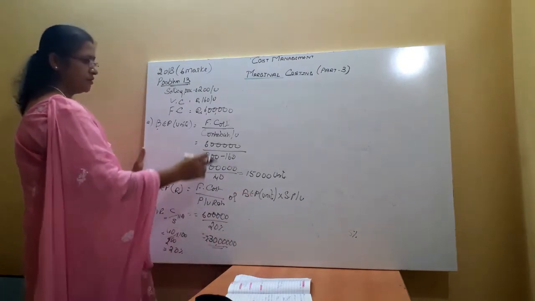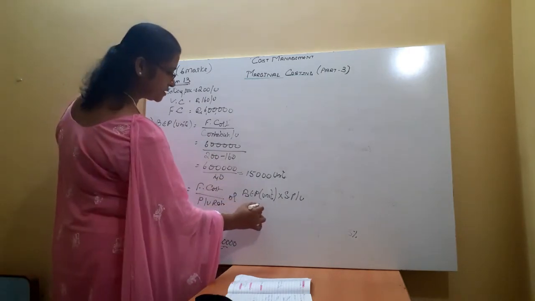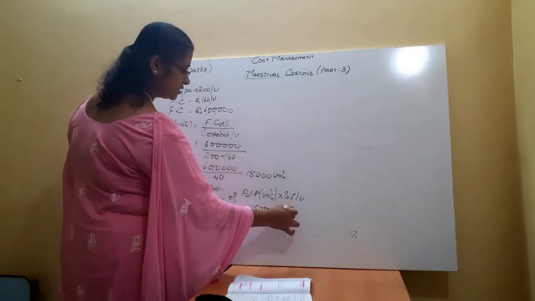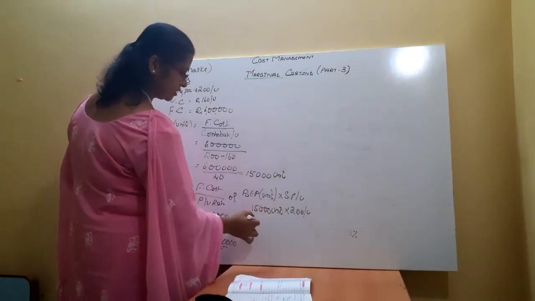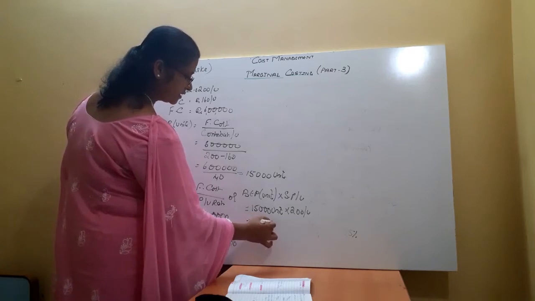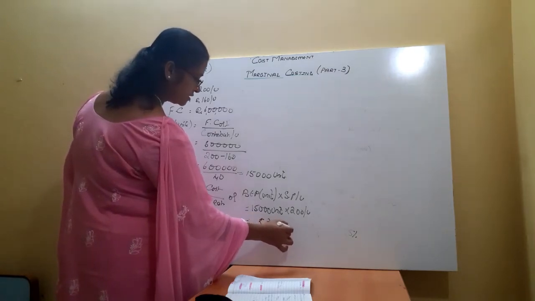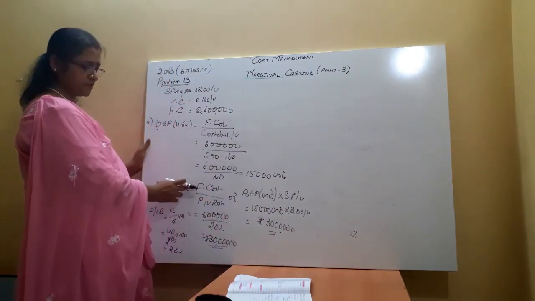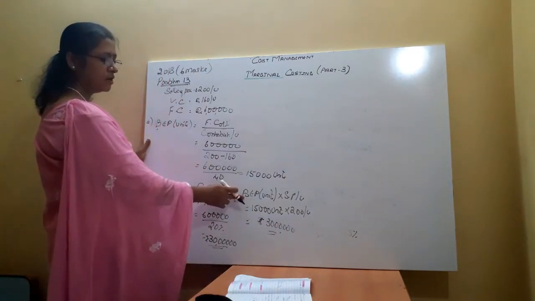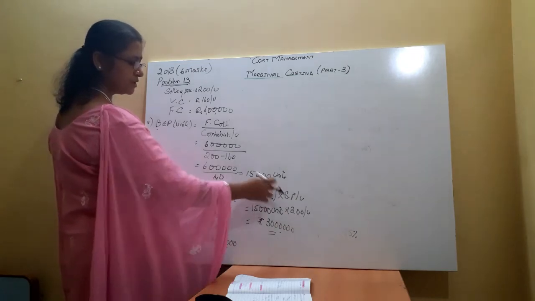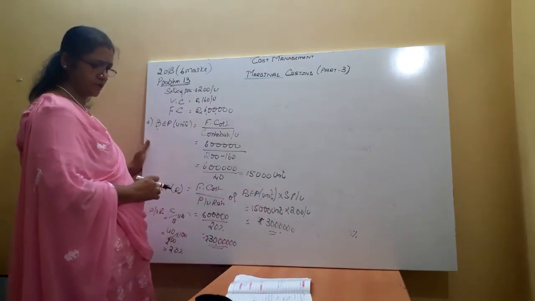For BEP in units, we got the answer as 15,000 units into selling price per unit, 200. When we multiply these two, we again get the answer as rupees 30 lakhs, which means we can apply either formula. Either you can take fixed cost divided by PV ratio, or you can find the answer by multiplying the BEP units into selling price per unit.